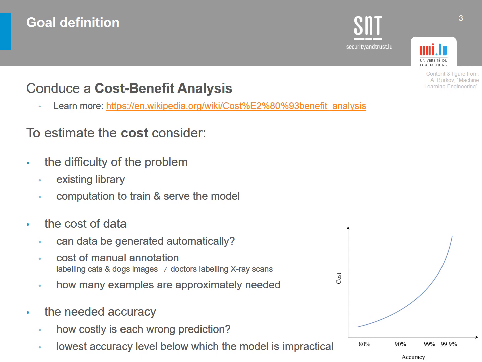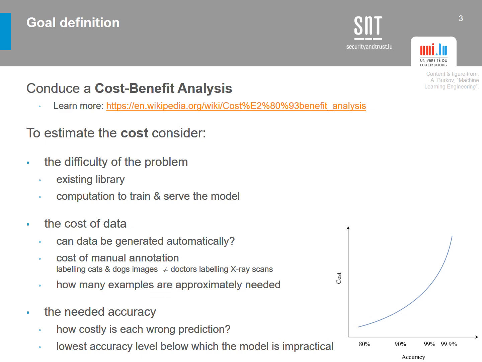We can also think about that in terms of time taken. What is the time and cost that will be required to put in, and what will be the benefit gained? So, to estimate the cost, we have to consider some things. First, we have to consider the difficulty of the problem.